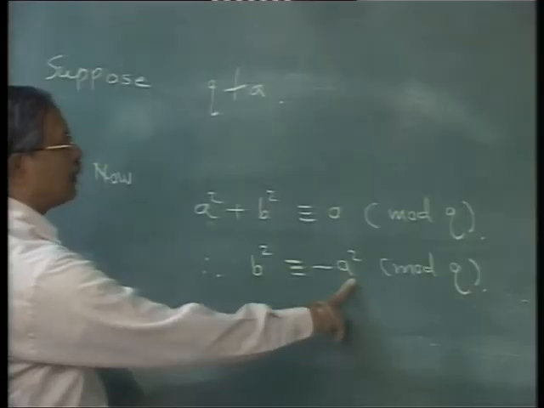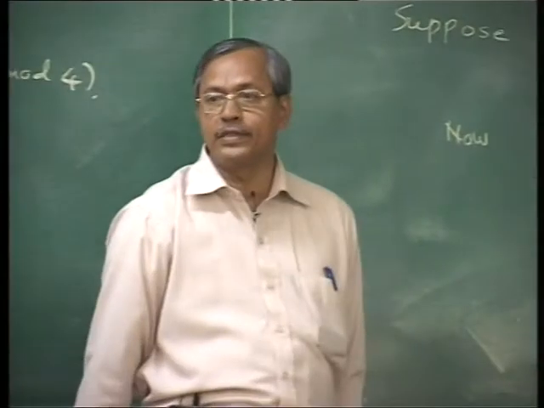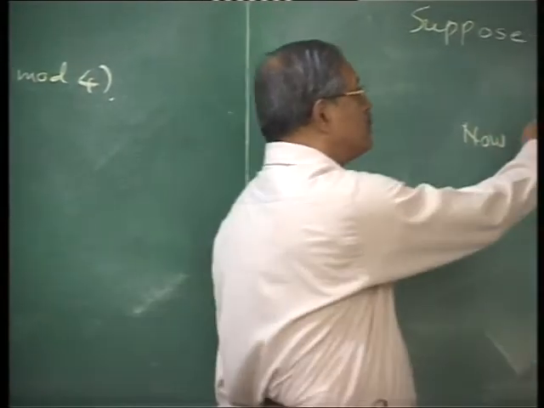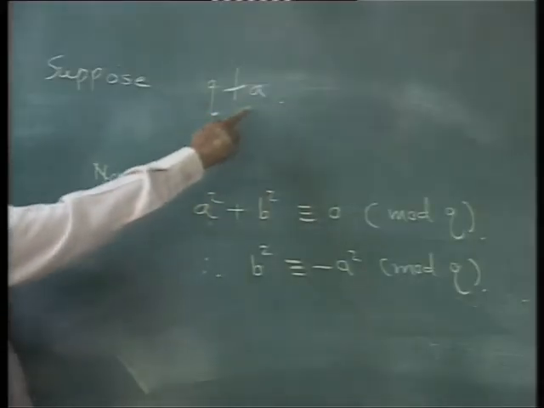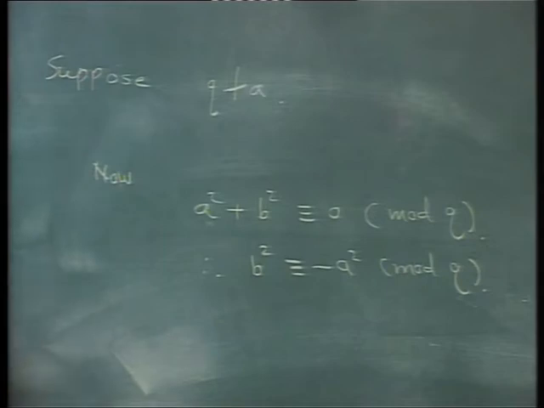Now you take the inverse of a mod q. Suppose the inverse is a bar. Since q does not divide a, a and q are coprime. If a is coprime to q, the inverse of a mod q exists.